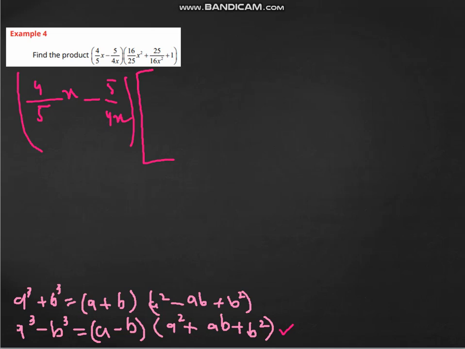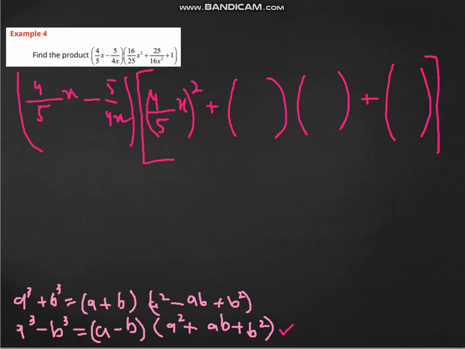So 16 is a square of 4 and 25 is a square of 5. Next is x squared is a square of x. This is a whole square plus ab. Let's not fill these brackets for now. And then plus 1. Well, okay. What I am guessing is that this formula is a bit rearranged.